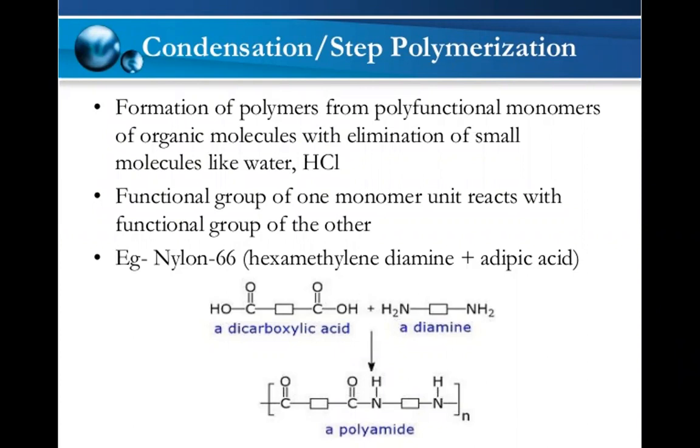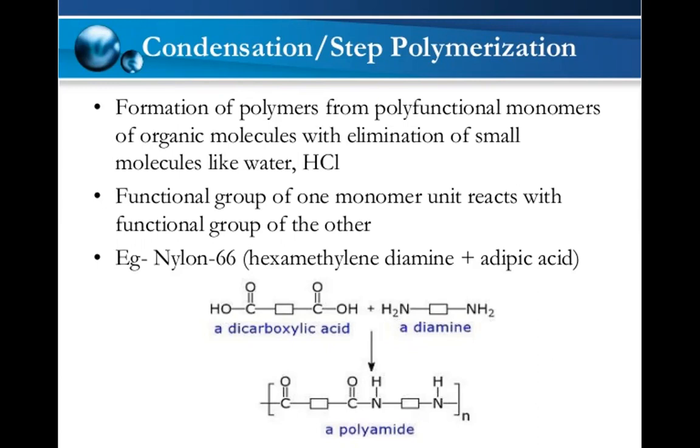Today I want to discuss condensation or step polymerization in the polymer chapter for engineering students of applied chemistry. Condensation or step polymerization is the polymerization in which a polymer forms from polyfunctional monomers.